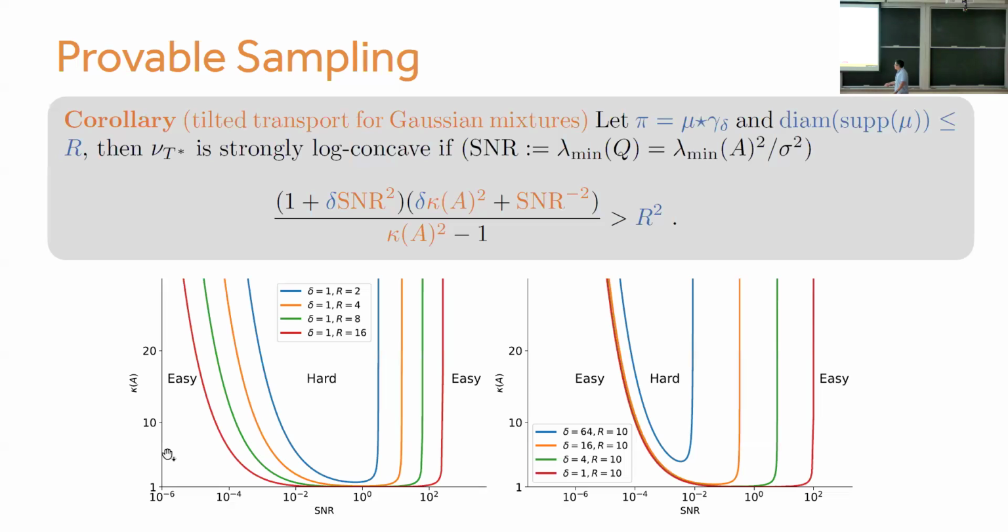That means if you look at the figure horizontally, the region inside this U-shape is a difficult-to-sample region, and for small or large signal-to-noise ratio, the problem becomes easier to sample. This is a nice thing compared to classical Langevin sampling or the alternative sampling I just mentioned.